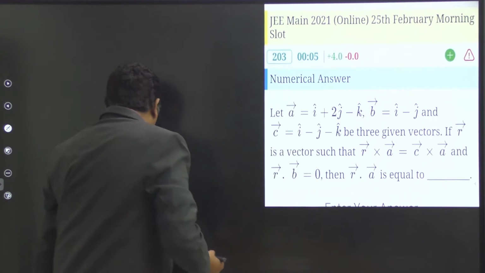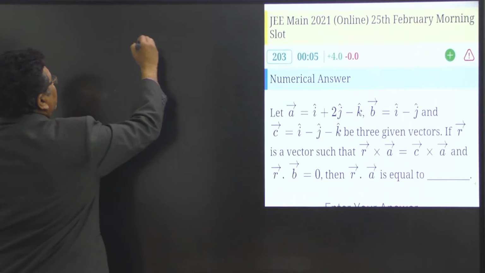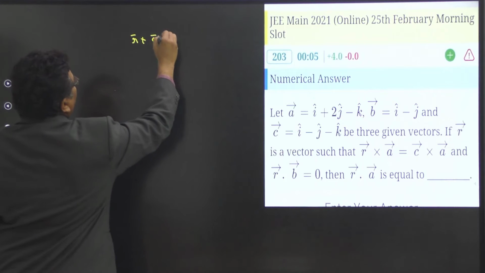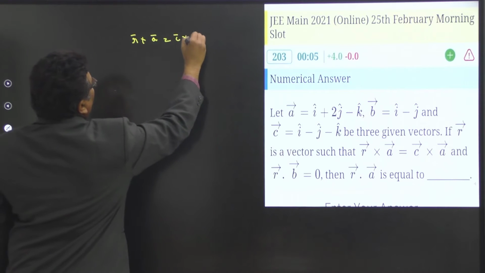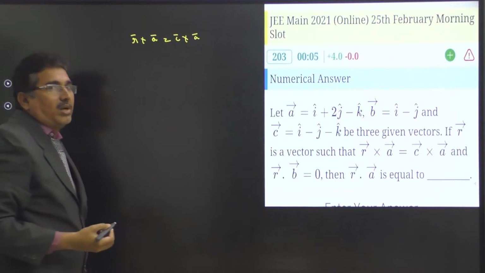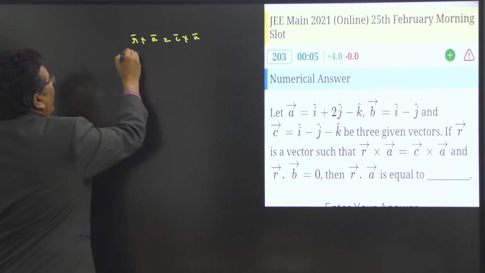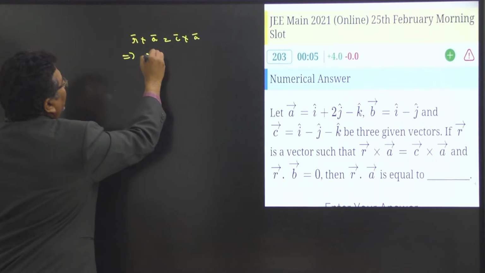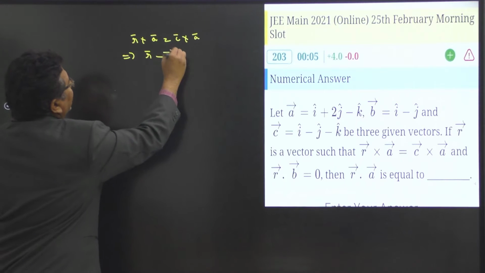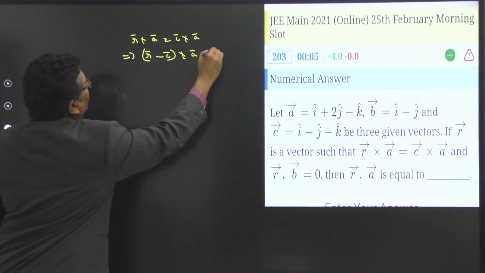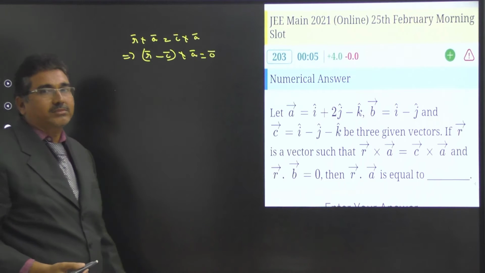r bar cross a bar is equal to c bar cross a bar. That implies (r bar minus c bar) cross a bar is equal to 0 bar.